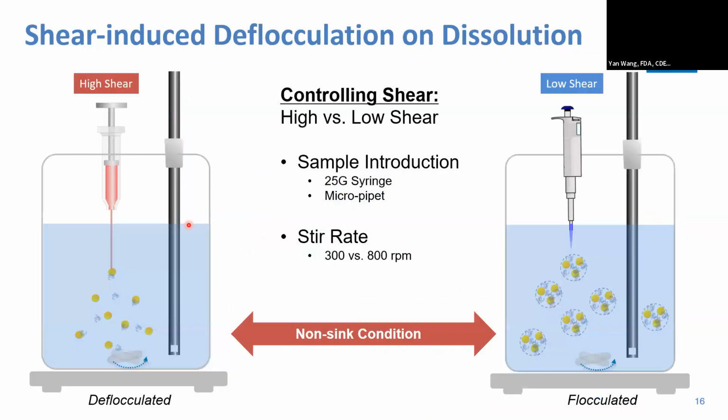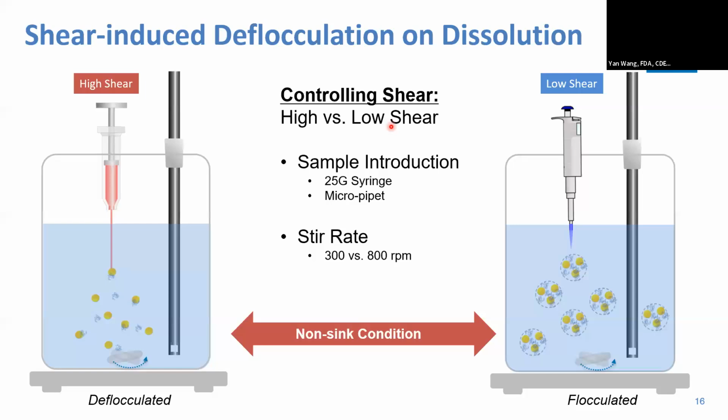What we are testing here is a novel method for the system, and we are trying to mimic high shear and low shear for administration. By doing this we would introduce suspensions in different agglomerate states, therefore different particle sizes, and then see how that would subsequently affect the release.